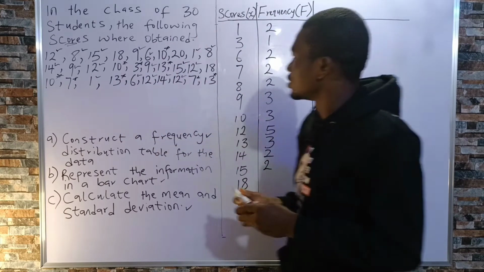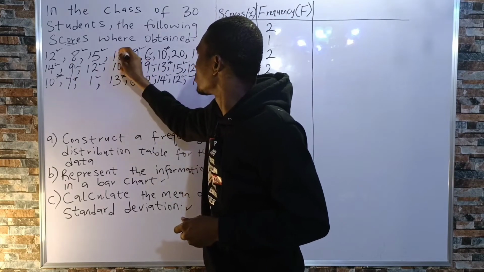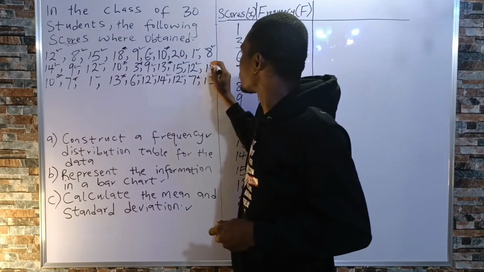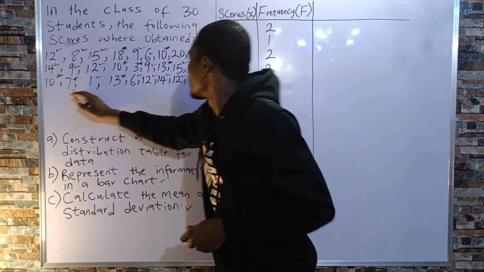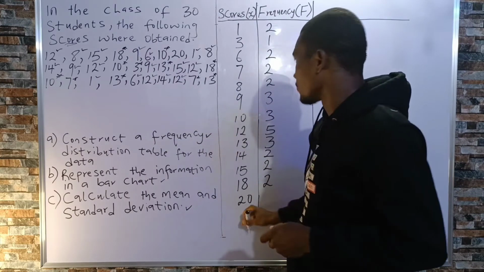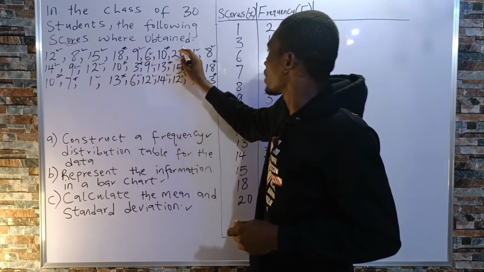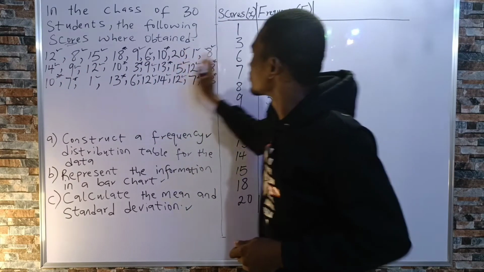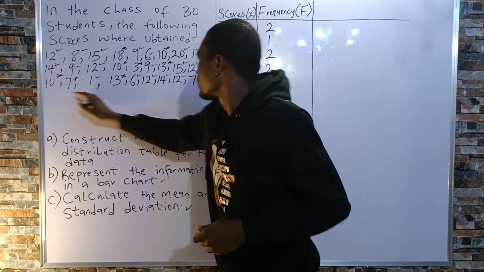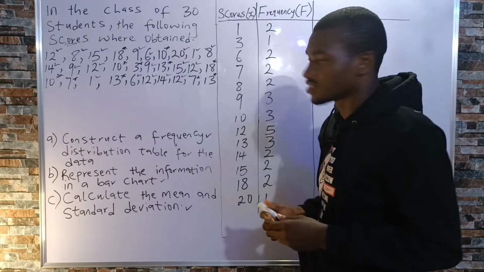Then for 18, we have 1. We have 2. So we only have 2 for 18. Then for 20, which is the last score, we have 1. So we only have 1 for 20.